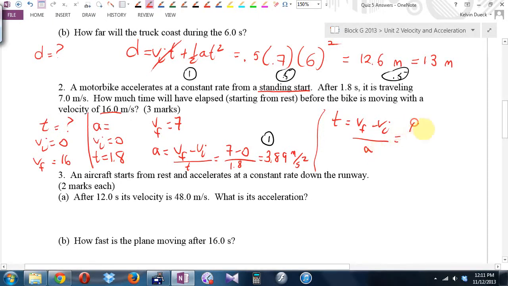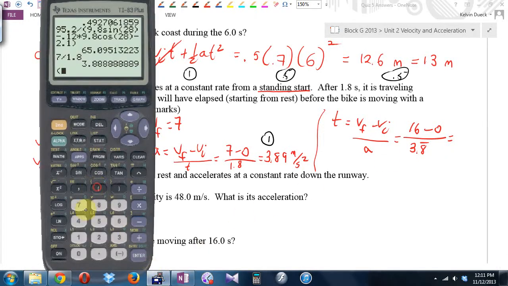It's going to be 16 minus nothing divided by 3.8 repeating. It's going to be 16, I guess minus 0 is just plain old 16, divided by answer. Do you get 4.1 seconds? 4.1 seconds.